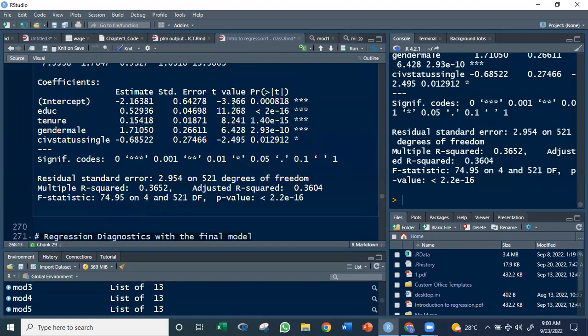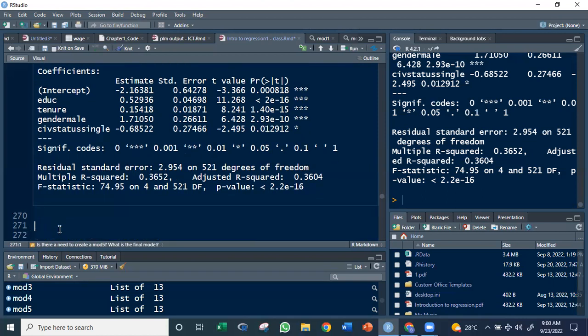All right. So we now have this model na, okay, significant na lahat, no? Significant na lahat. Education, tenure, gender, male, civil status. The adjusted R squared went down, 36.04. Okay. Overall goodness of fit test, okay pa rin. Okay. And then let's test.